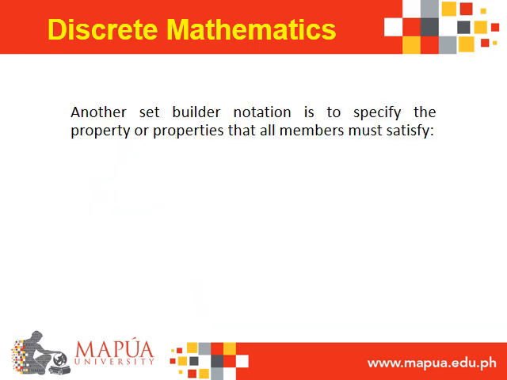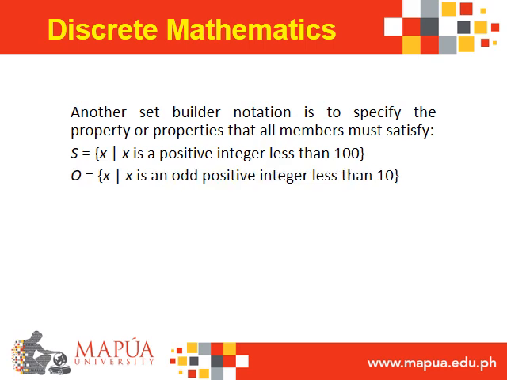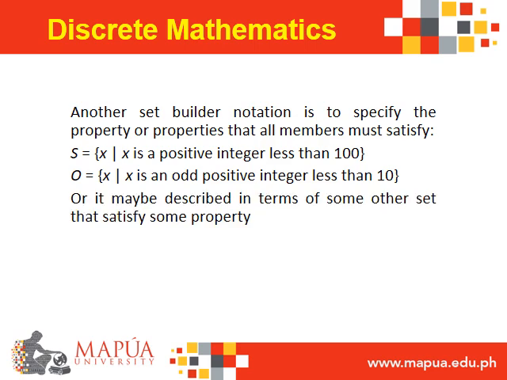Another set builder notation is to specify the property or properties that all members must satisfy. Like in this given example, set S contains values of x which are positive integers less than 100, while in this given set, set O contains x which are odd positive integers less than 10. Or it may be described in terms of some other set that satisfies some given property.